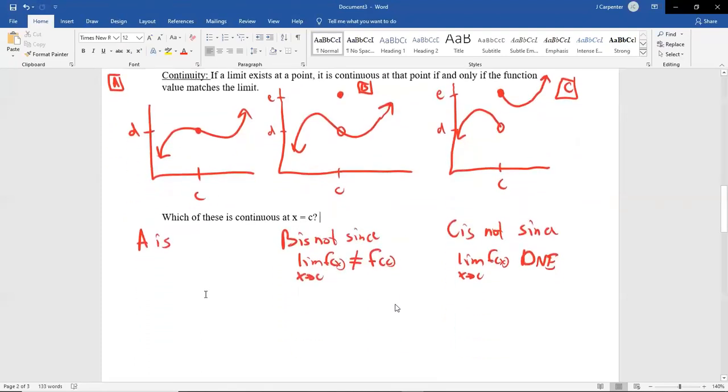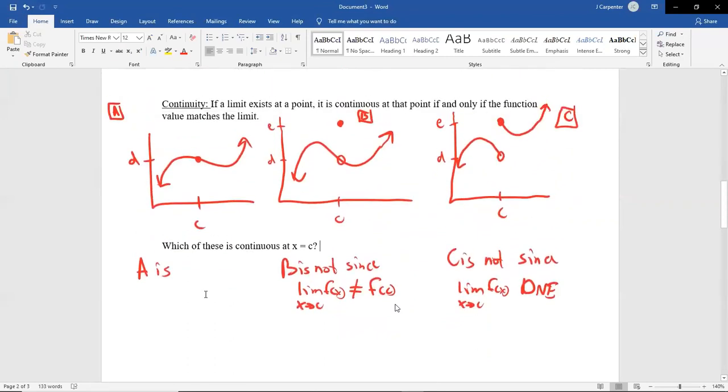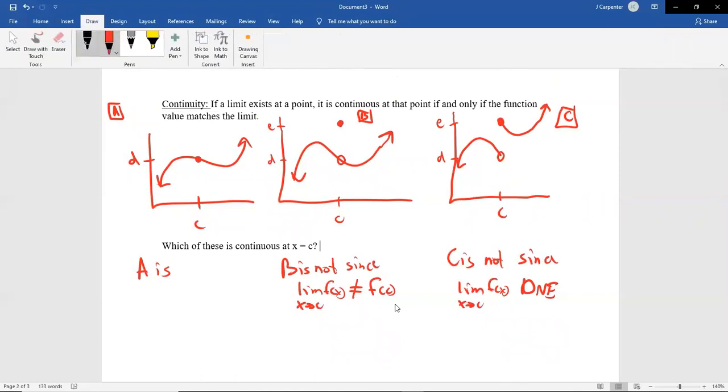All right. Example 7. Sorry. Let me go back to black.